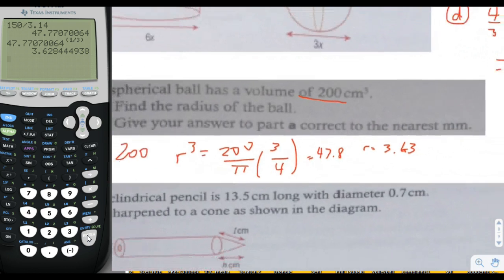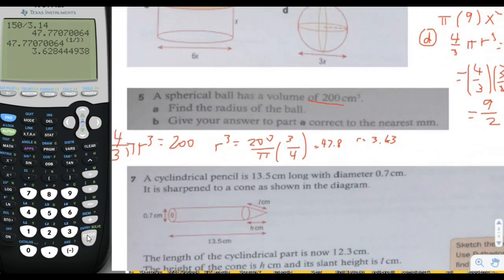Okay, find the radius of the ball, 3.63 centimeters. Give your answer in part A correct to the nearest millimeter. So that would be equal to 36 millimeters. Okay, we would chop off the 3.